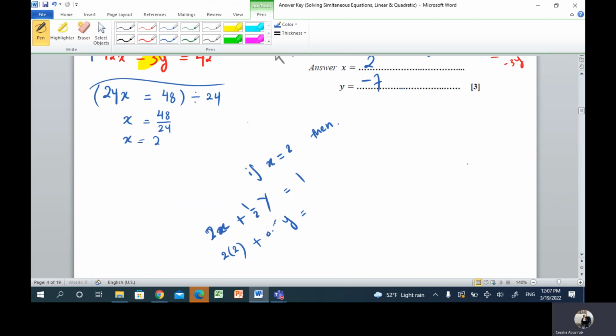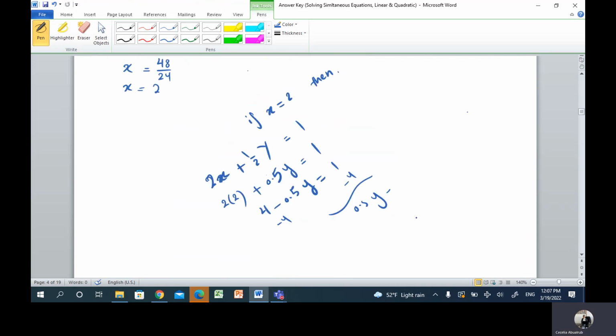4 plus 0.5y equals 1. Apply opposite operations. So minus 4, minus 4. The 4's are gone. 0.5y is going to come down. So 1 minus 4 is equal to negative 3.